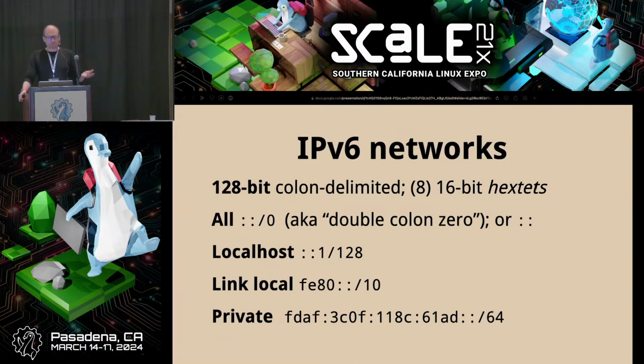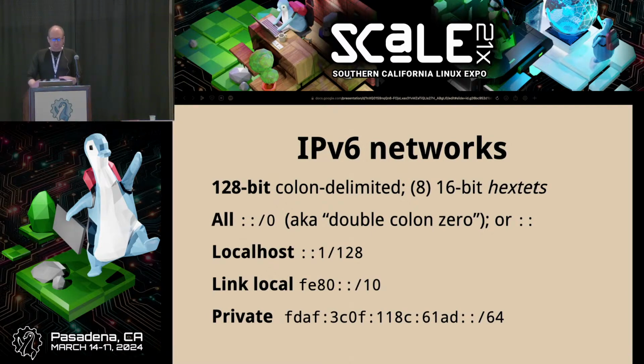So localhost is ::1, and you see it's got the prefix length of /128 to indicate it's a host address. There's link local, which is FE80::, which, when you look at that prefix, is not that scary. It's only 4 characters, right? 6 characters if you count the colons.